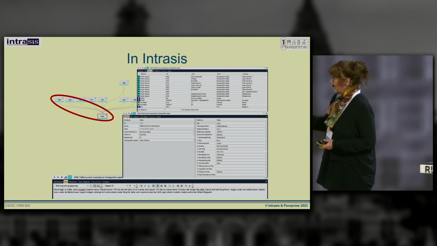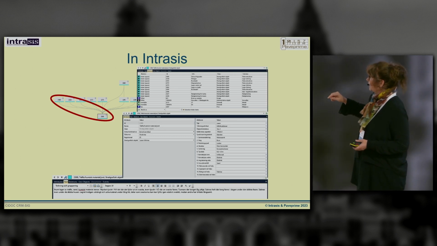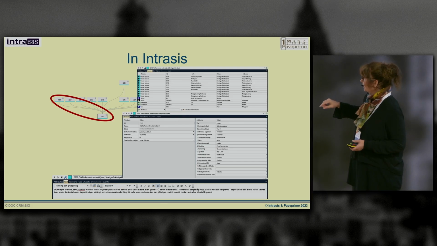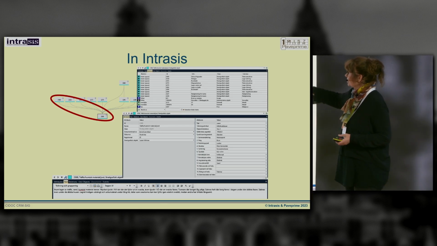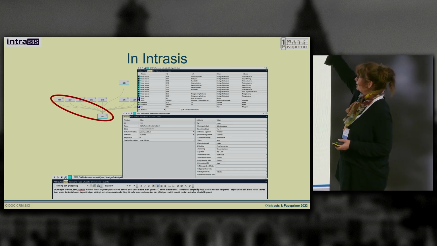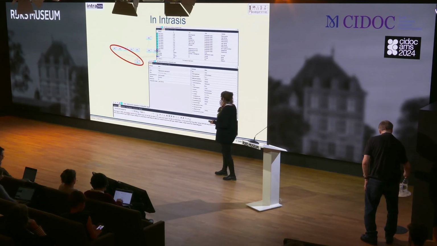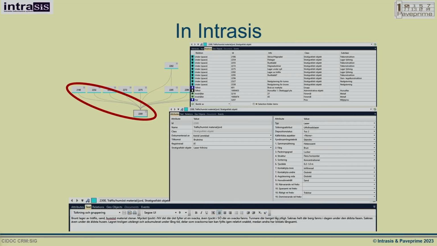I know it's in Swedish, but this is what it looks like in Intrasis. You have all the attributes, you have the relations under, belongs to, contains, and you have the long text, and you also have the graph view that can show how these objects are related to each other in the database.